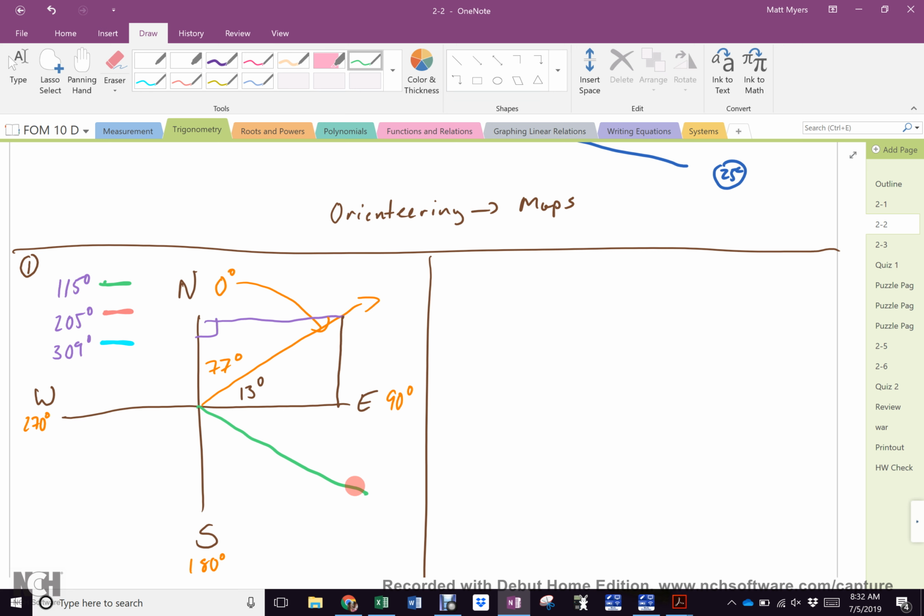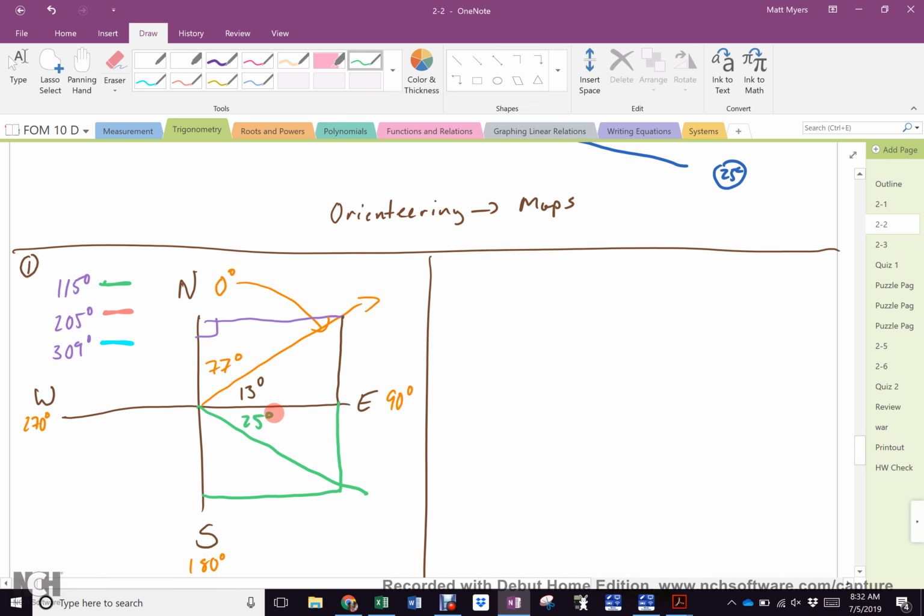Everybody cool? Now, how could you set this green line up so you could do trigonometry? Well, you would need to make one of these 2 triangles, yes? How big is this angle where the pink dot is? No. It's 115 all the way from 0. What is it right there? 25.